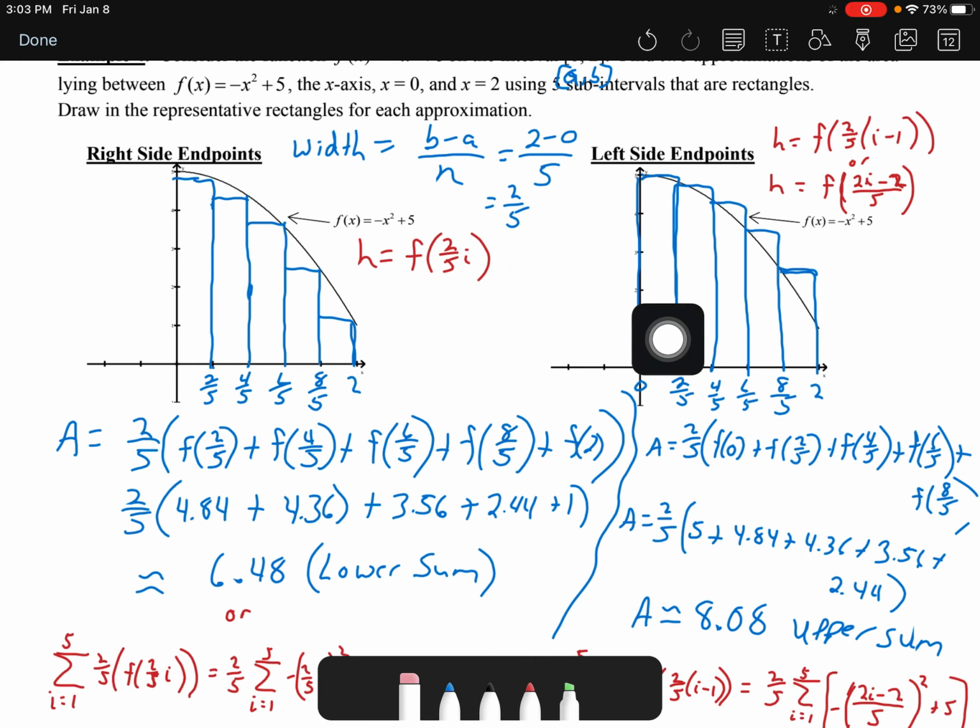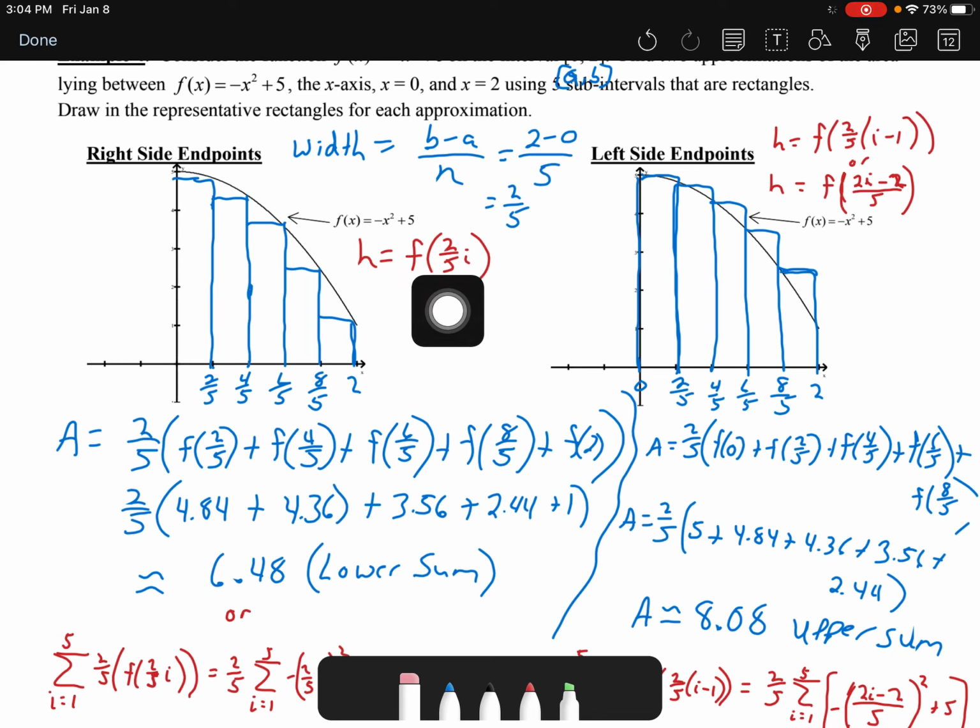Right? Now over here on the left side endpoint rectangles, the formula is just slightly more complicated, because if we're starting on the left side, we actually start with, technically, 0 as that first input value into our function, because f of 0 is actually this first height.